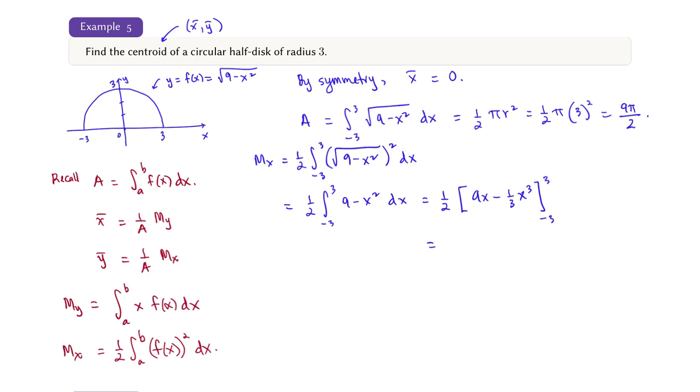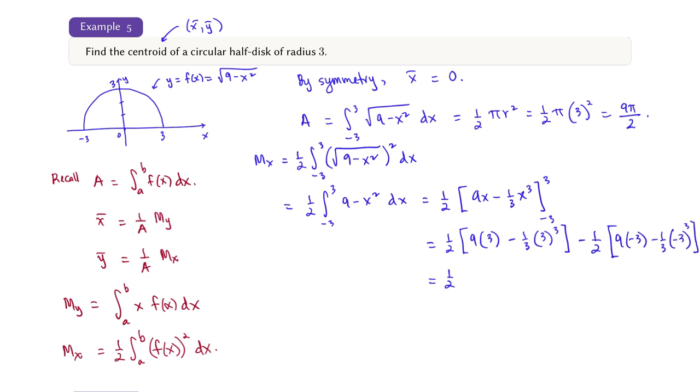If we plug in 3 using the fundamental theorem of calculus, we have 9 times 3 minus 1/3 of 3 cubed, and then we subtract 1/2 of the bracket, 9 times -3 minus 1/3 of -3 raised to the third power.